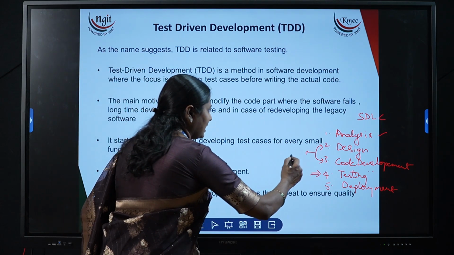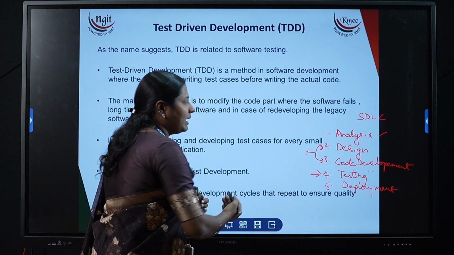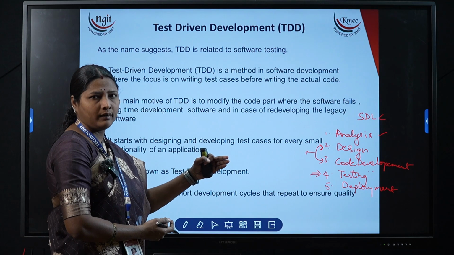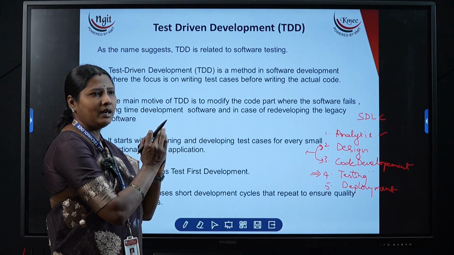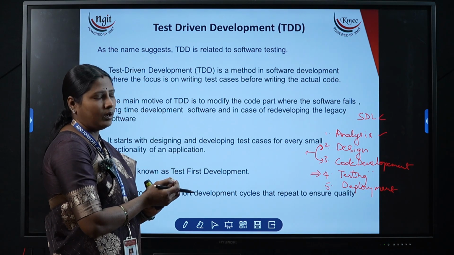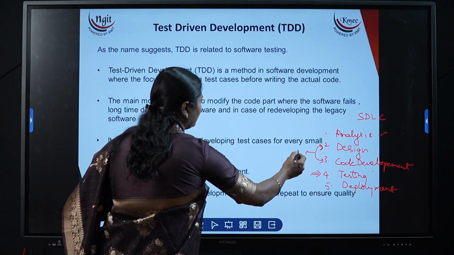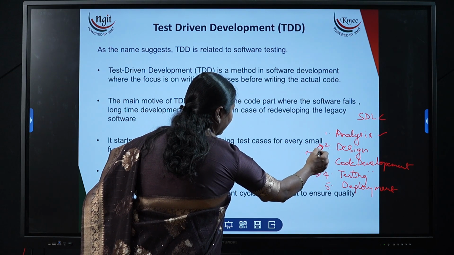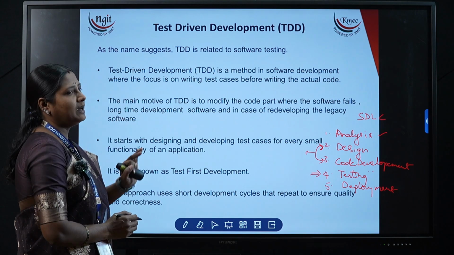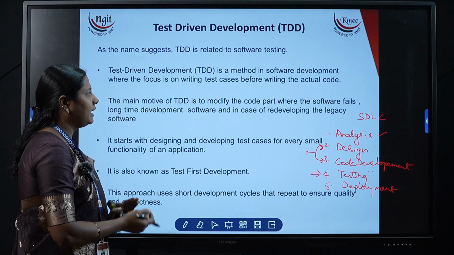So at the design stage, they can use any kind of design. Depending upon the designs, the next stage is code development. For each and every module, the developer will individually develop the code. Before writing the actual code, once the designs are completed, test-driven development is applied on the designs.